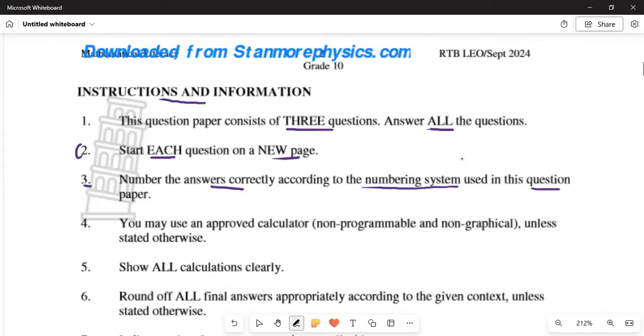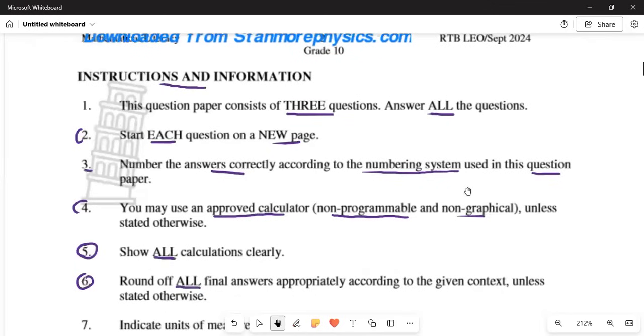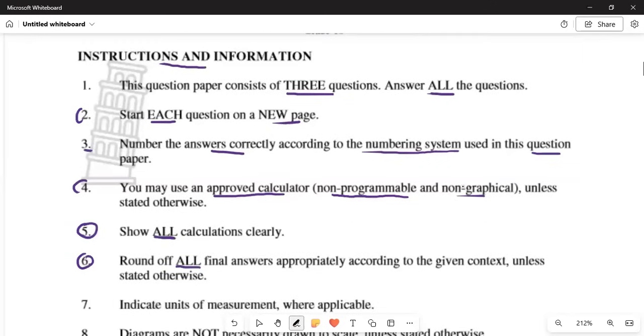Number 4, you may use an approved non-programmable, non-graphical calculator unless stated otherwise. Number 5, show all the calculations clearly. Number 6, round all your final answers appropriately according to the context unless you are told otherwise.